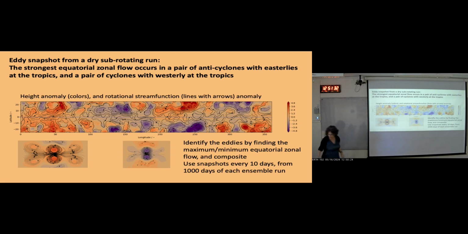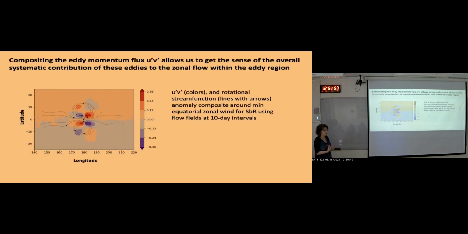And now what we do is we look at the eddy momentum flux of each of these snapshots. So instead of calculating the height or the rotational stream function, which is shown here, we calculate the meridional eddy momentum flux, U prime, V prime. How much momentum is fluxed in this direction. And then we can composite this field, and this is what we get.